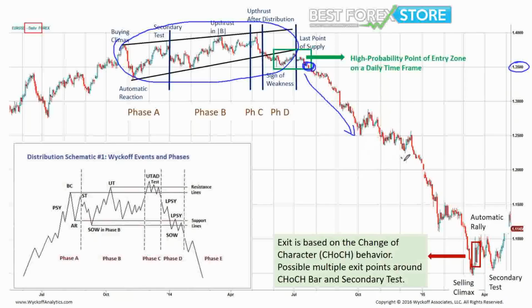Imagine that you're keeping it even longer, and your exit is here. What is the benefit of that? Fewer trades, fewer mistakes, a much more sizable position, more profits because you're catching a much larger portion of the trend.